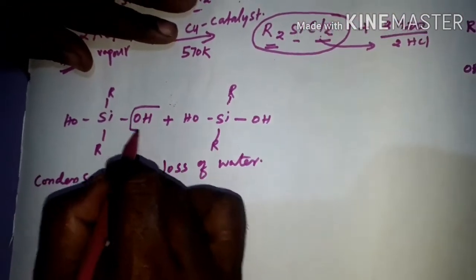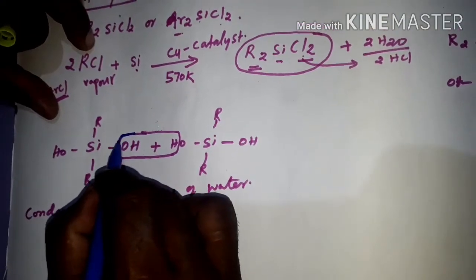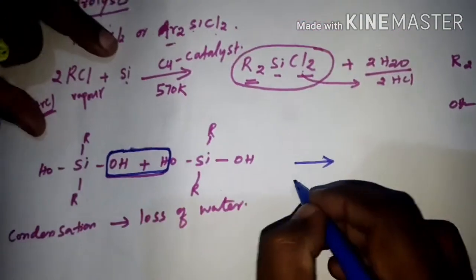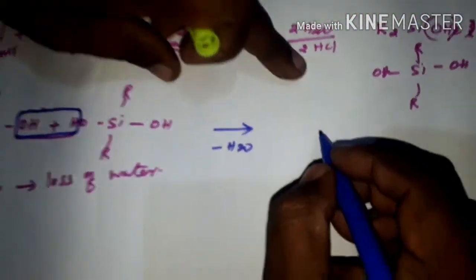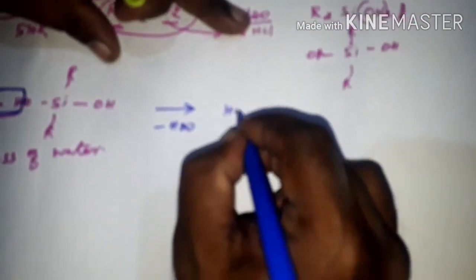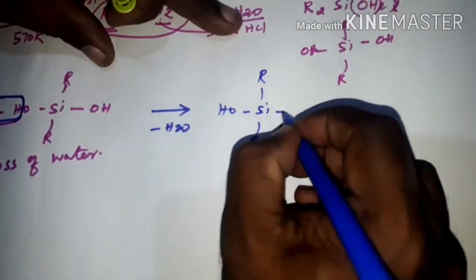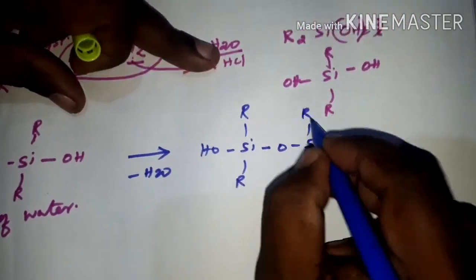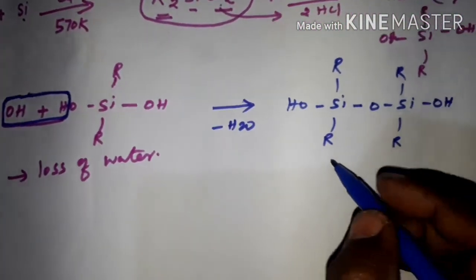See here this OH and this hydrogen will be removed as water. So the product we are getting is HO Si R R, then O Si, then R R OH.